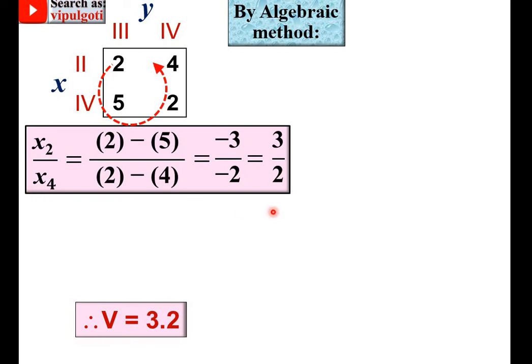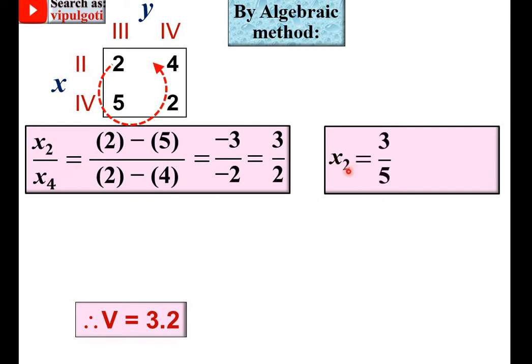So from that I can find the probability of the x2 strategy and x4 strategy. So here look carefully. The probability of the second strategy of player X, that means x2, is equal to 3 by sum of these two. Next, x4 is equal to 2 by sum of these two.